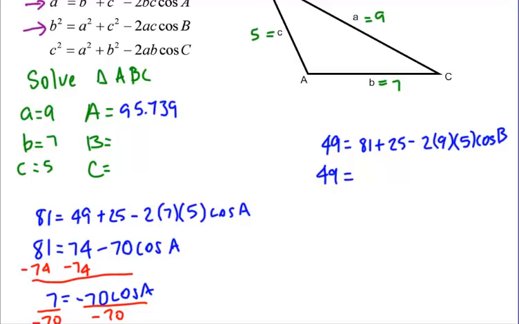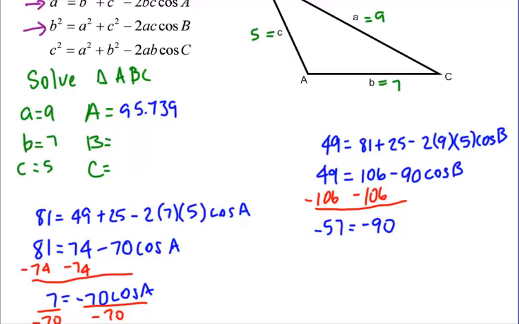So 81 plus 25 is 106, minus 90 cosine B. Subtract the 106 from both sides. Negative 57. Divide both sides by that negative 90, and then take the arc cosine.